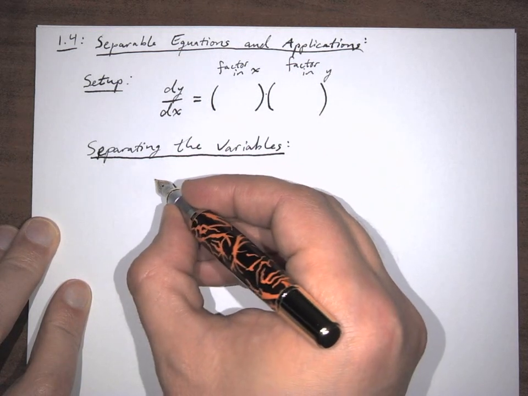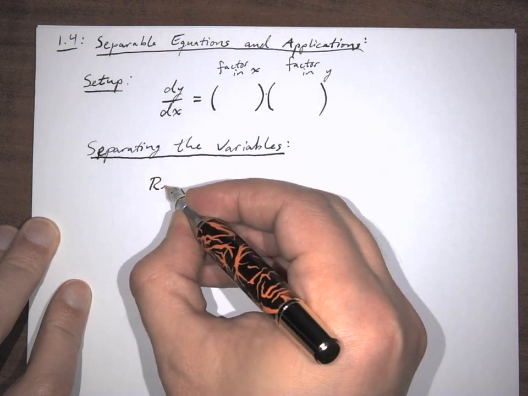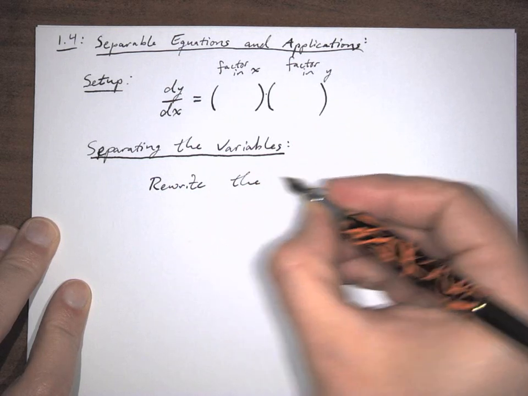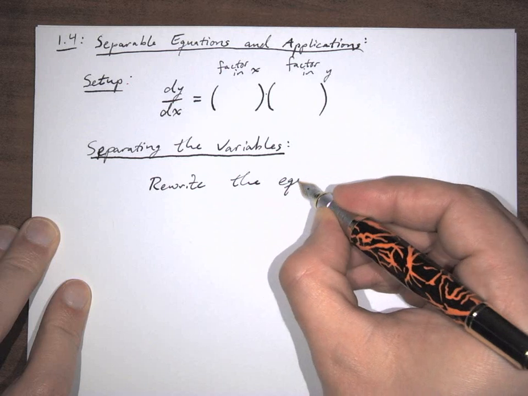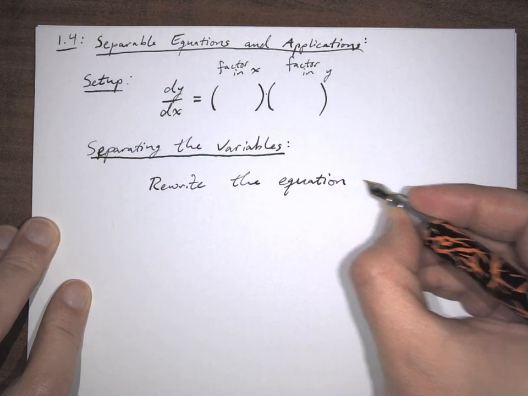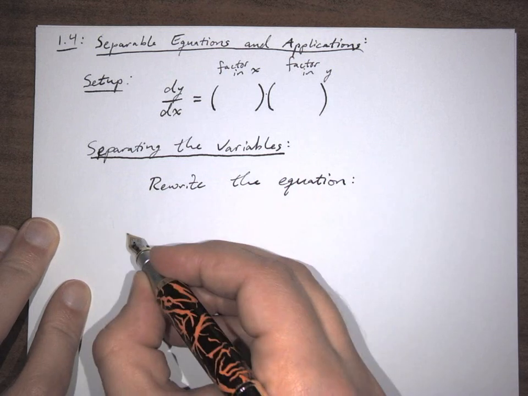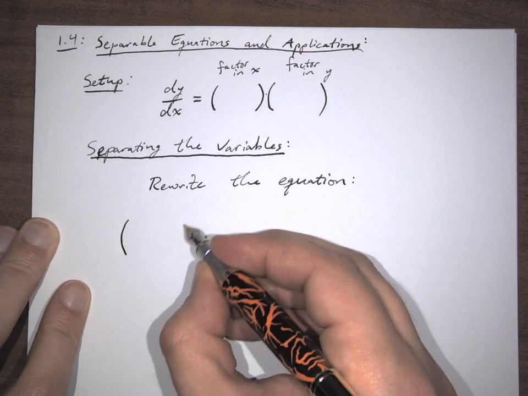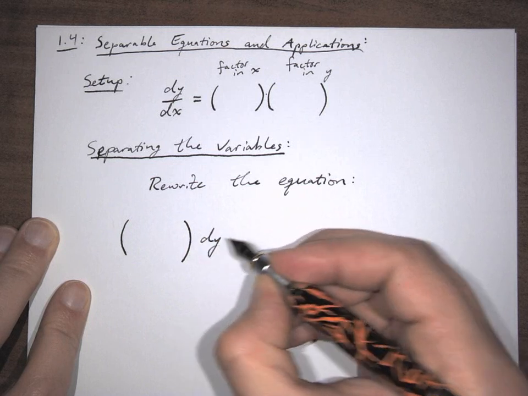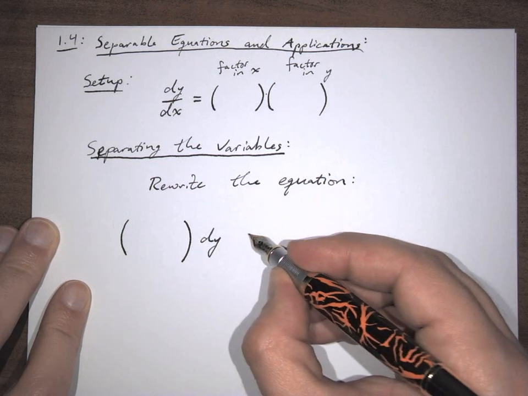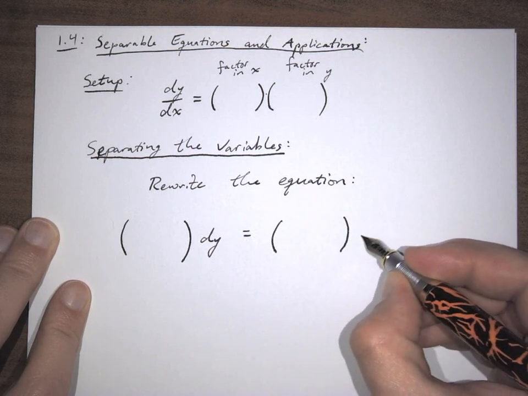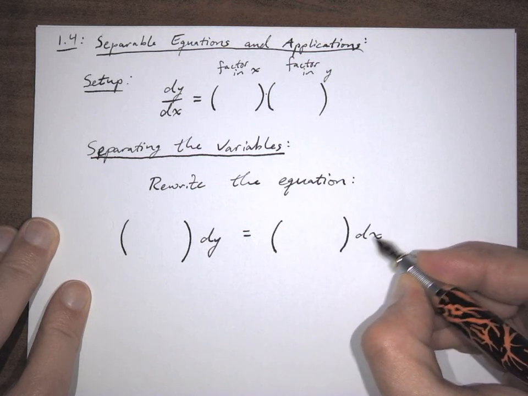So essentially you rewrite the equation so that what we have is just something that involves a y times dy and something that involves the x times dx.